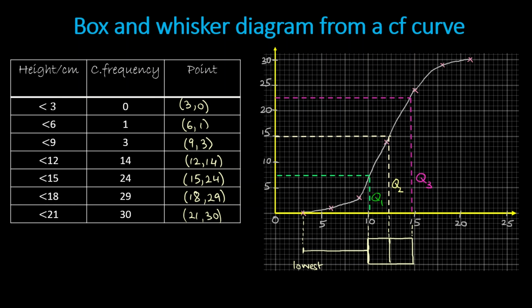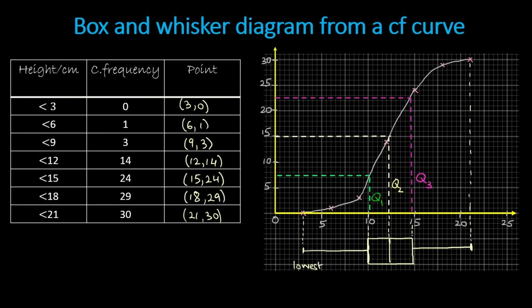Now we have to draw the right whisker. The highest value of the data is this. We extrapolate it, we bring it down simply on the horizontal axis. It's on 21. We continue to go down and we have to draw the whisker in the middle up to this value.